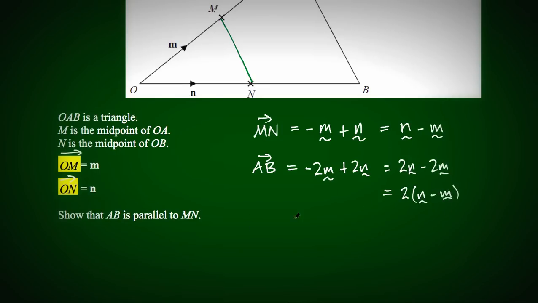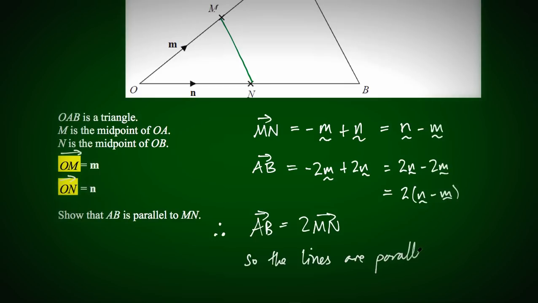So the fact that these are the same in the brackets means AB is 2 lots of MN. So I can say, therefore, the lines are parallel, because they both contain the same ratio of vectors.